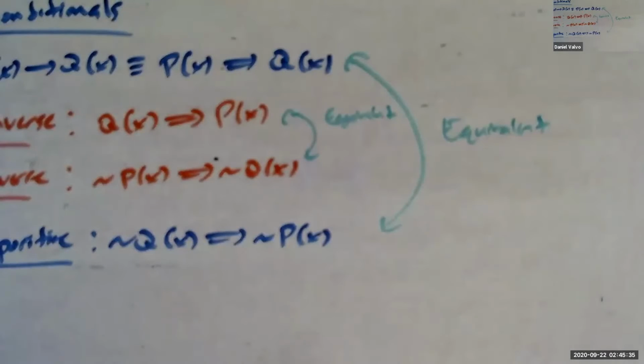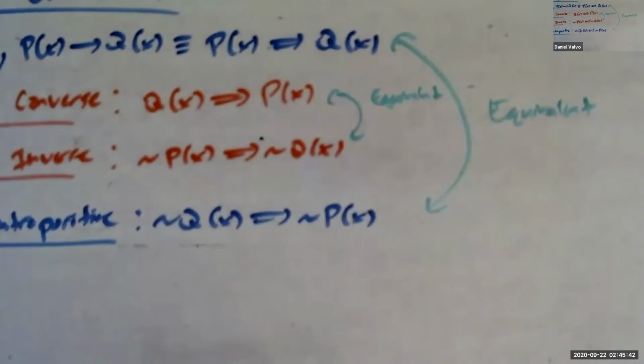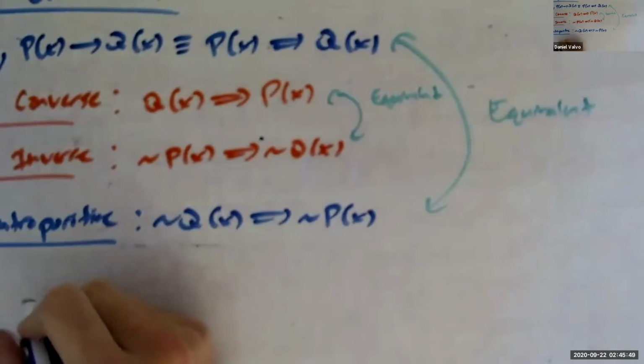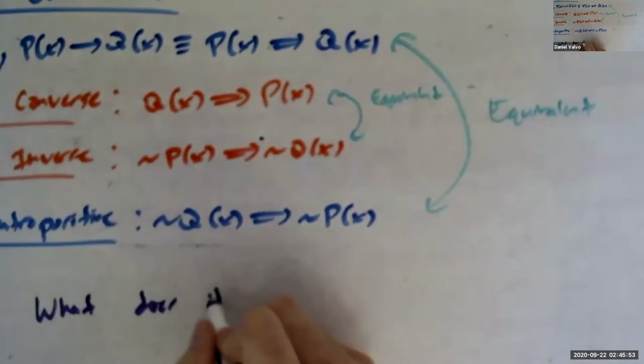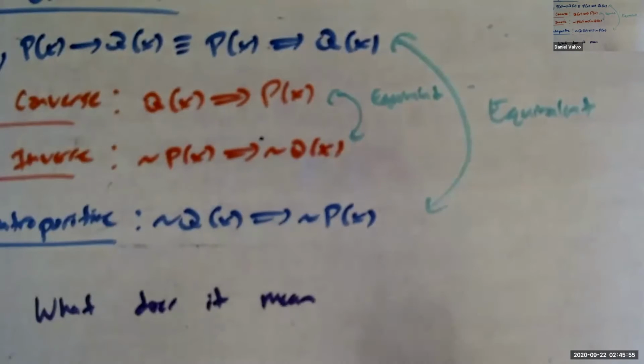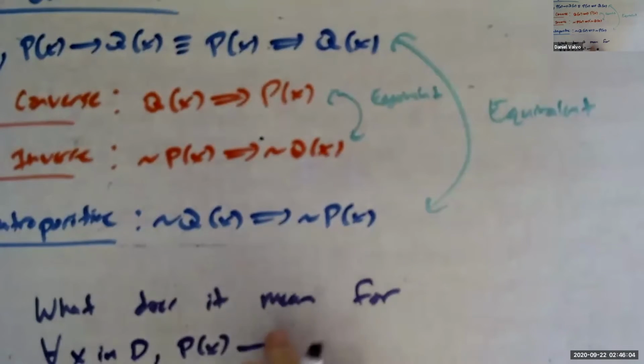And real quick, let's talk about what it even means for two statements to be equivalent, because these are universal statements, right? What does it mean? I use different letters here.